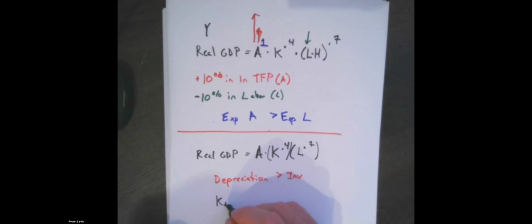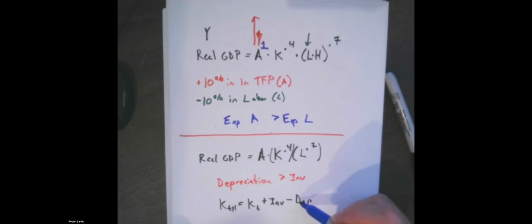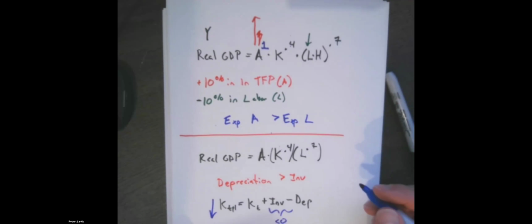Well, we know that the level of capital is equal to the starting amount of capital, plus the investments we made, minus the depreciation of our old physical capital, like buildings getting older and no longer being usable. So if depreciation is greater than my investments, this difference is going to be a negative value, less than zero. That's going to cause my physical capital to decrease, in which case real GDP goes down.